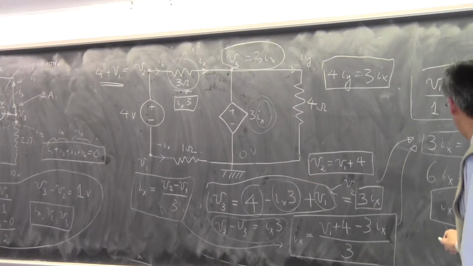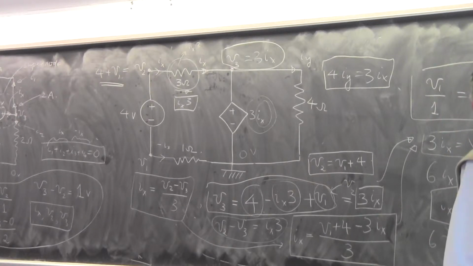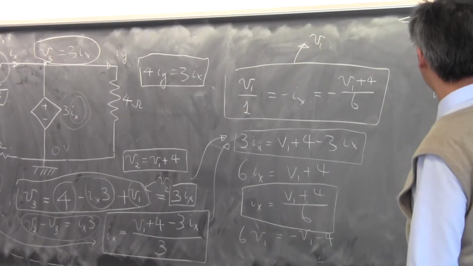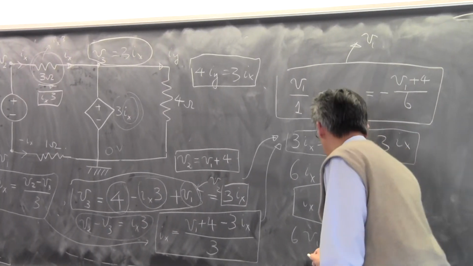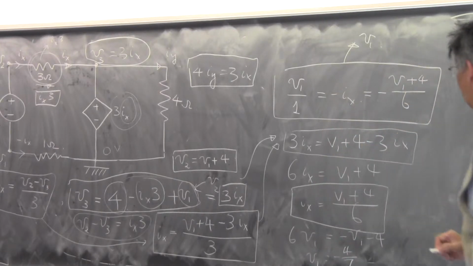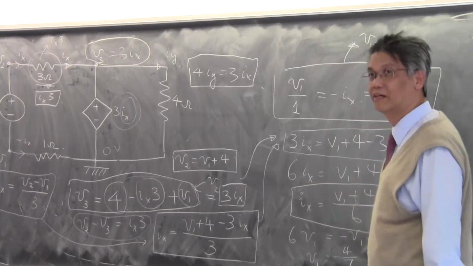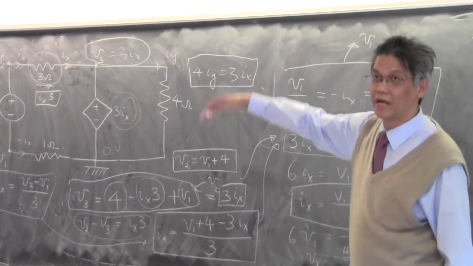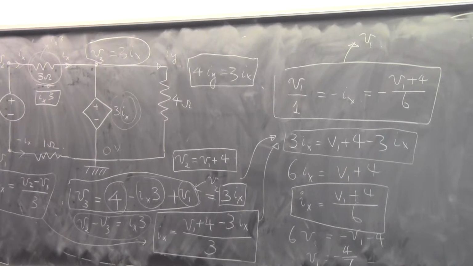I have 6V1 is equal to minus V1 minus 4, if I get my algebra correct. And then 7V1 is equal to minus 4. So V1 is minus 4 over 7. And then you plug this in here, you get your Ix, and then you work backward. Thank you. Any other questions?